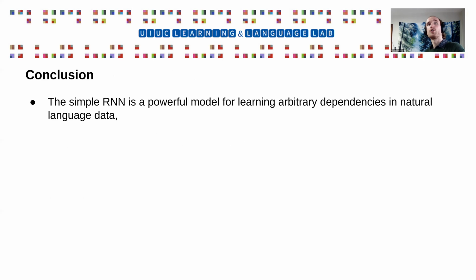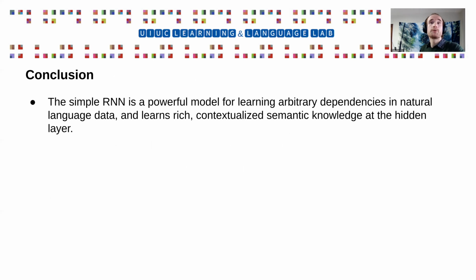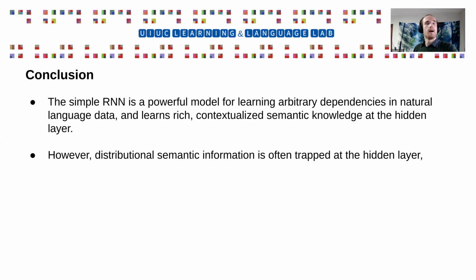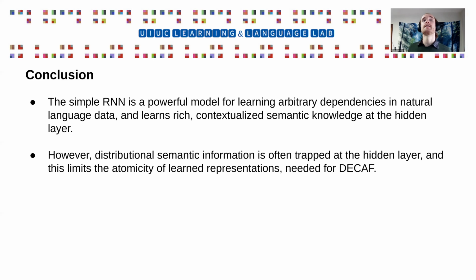So finally, I'm going to conclude: the simple RNN is a powerful model for learning arbitrary dependencies in natural language data and learns rich contextualized semantic knowledge at the hidden layer. But distributional semantic information is often trapped at the hidden layer. And this limits the atomicity of learned representations, which we need to perform DECAF, the distributional extension of category-associated features.